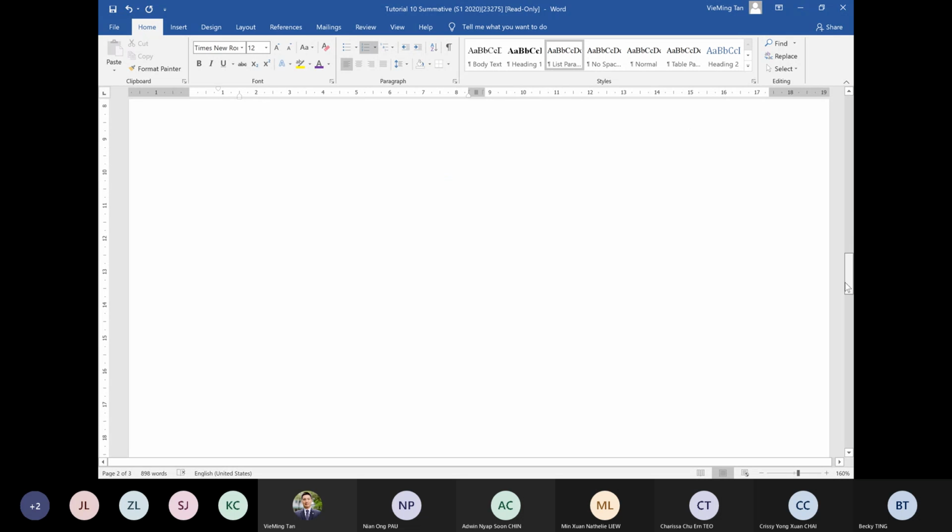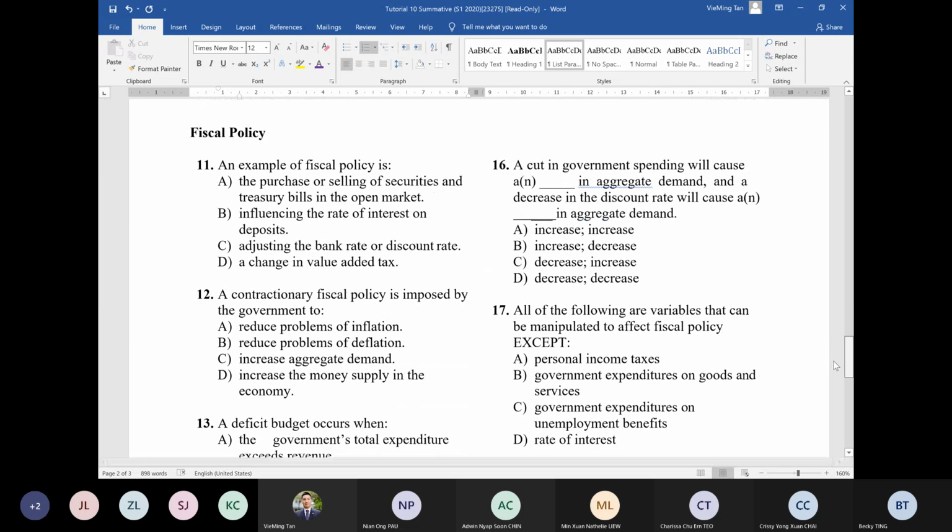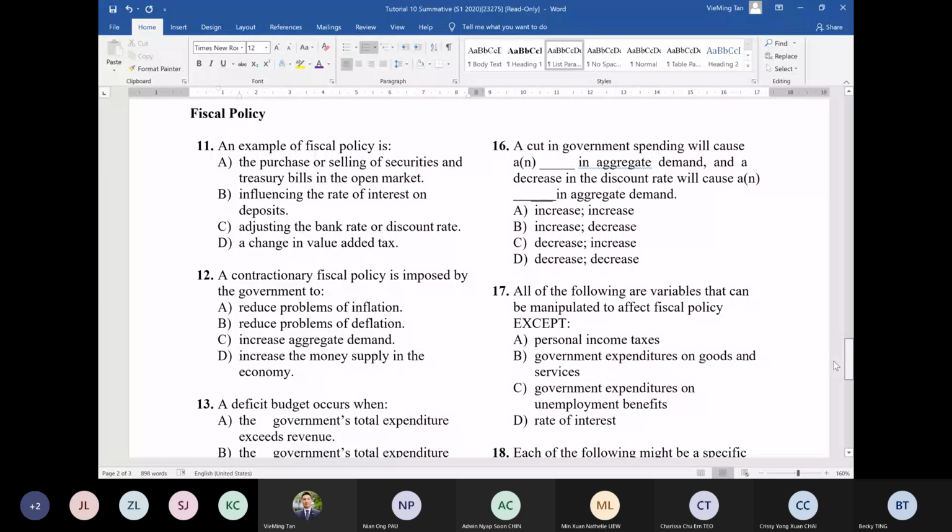Okay, good. Then we'll move on to question 11. From question 11, these questions are related to fiscal policy. Okay, we'll start from Erwin. Question 11. An example of fiscal policy is the change in value added tax. Yeah, okay. So remember, fiscal policy only deals with two tools, which are tax and what else?